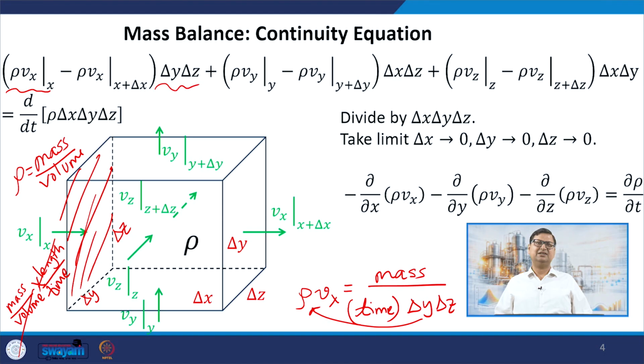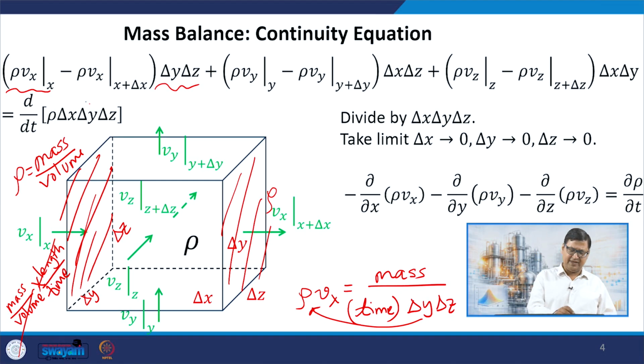Now, if I extend the same logic for the opposite face, the output face, again for this face, rho into Vx defines the mass per unit area per unit time, and area again is delta y, delta z, right.